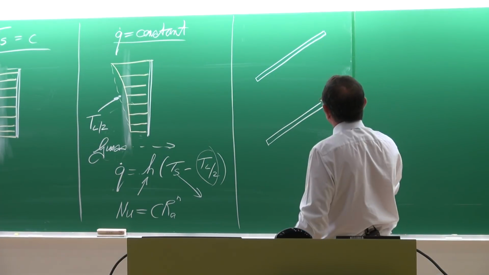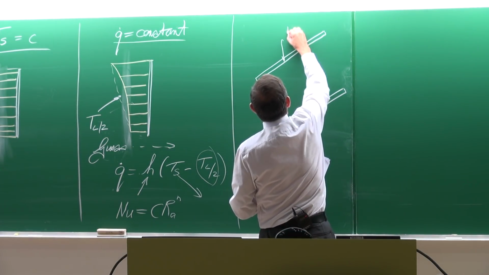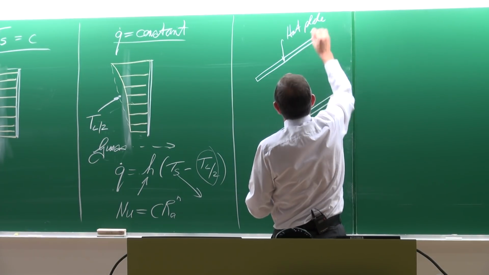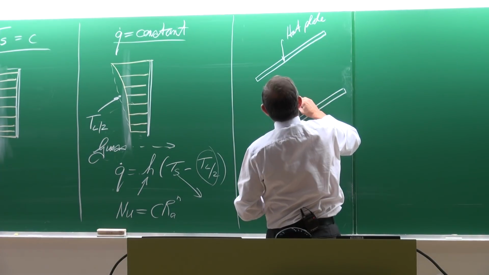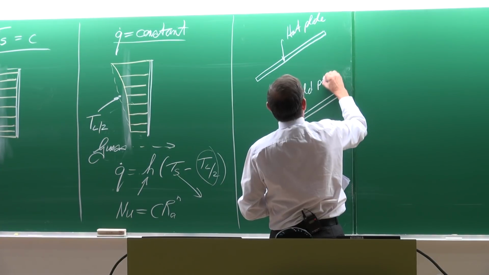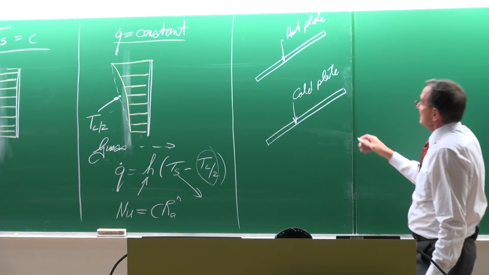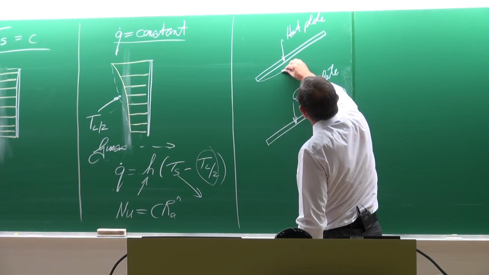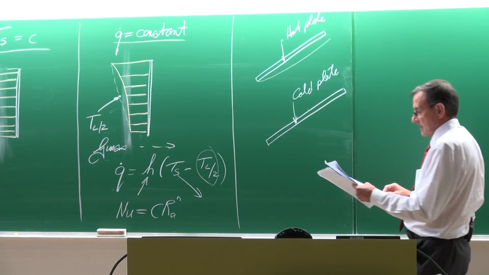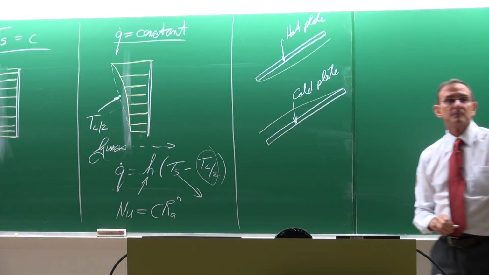The reason for that is in terms of a hot plate, if it is now warmer than that of the atmosphere, and if that is a cold plate, so it is colder than that of the atmosphere, then this boundary condition or the velocity distribution here on the underside would do something like that, and on the cold side it would do something like that.